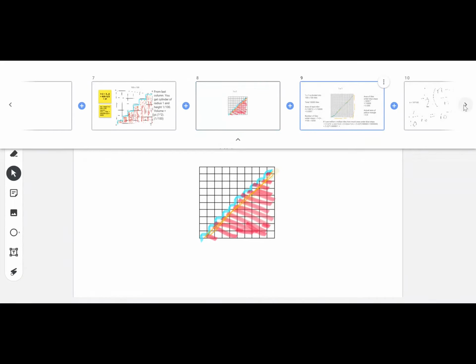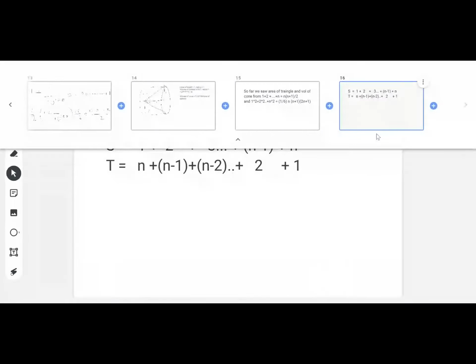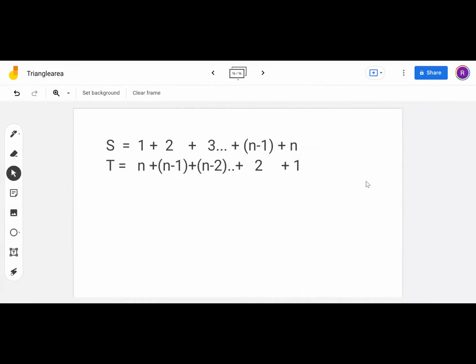So let me go back to the sum. In the lower triangle the numbers are increasing, and in the upper triangle the numbers are decreasing. So let me take it in the reverse order. I take this 1 plus 2 plus up to n, and I do it in the reverse order: n plus n minus 1 plus n minus 2, and so on.